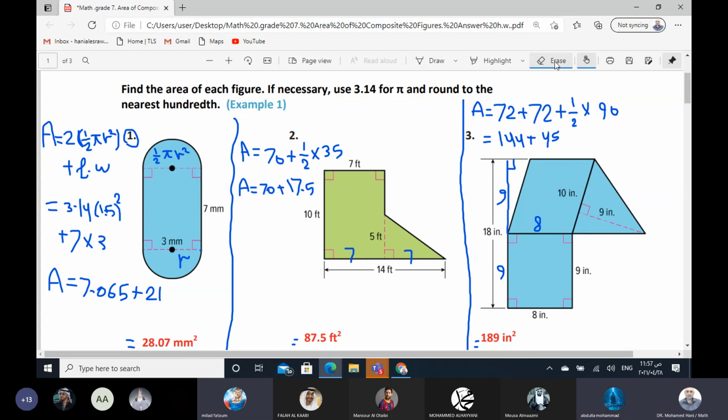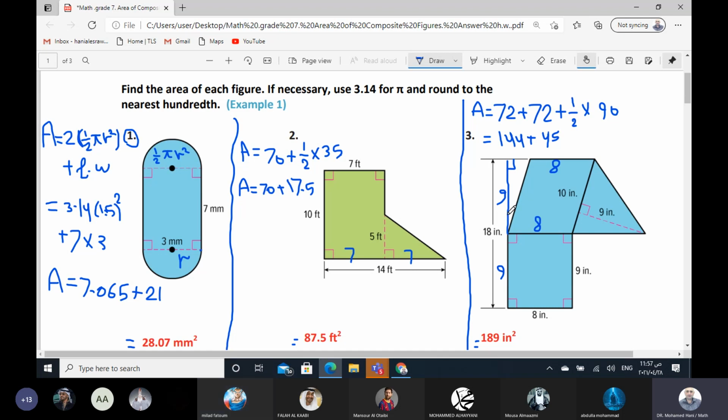Sir, I have a question. The area of the parallelogram, on the right there's 10 inch. Why did you put 8 times 9 inch?